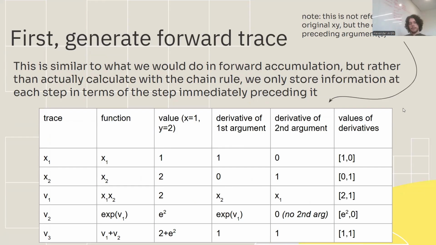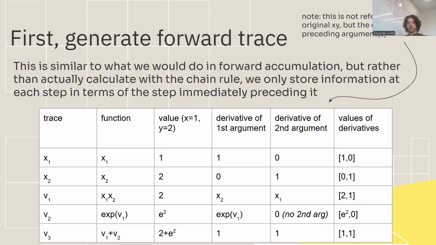Note we're doing backwards automatic differentiation. So rather than just going through and calculating the derivative, we still need to go through and get some information, and then we work backwards. So we have the trace, that's each node we're looking at. And then we have our function, which is, what is this node in terms of what comes directly before it?